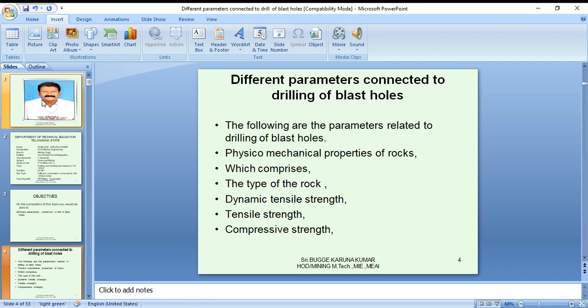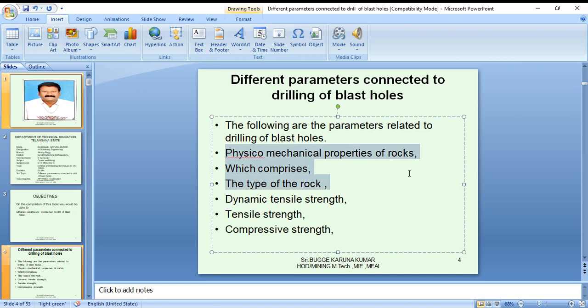The following are the major parameters related to the blast holes. Number one is the physical and mechanical properties of rocks, one of the comprising factors for the selection of blast hole and type of the rock: dynamic tensile strength and compressive strength.